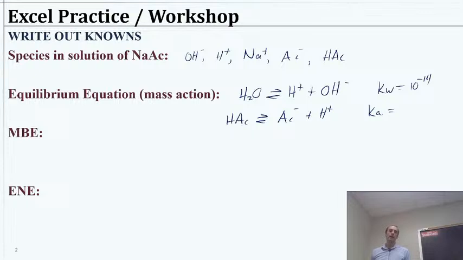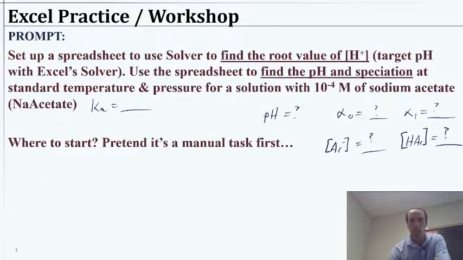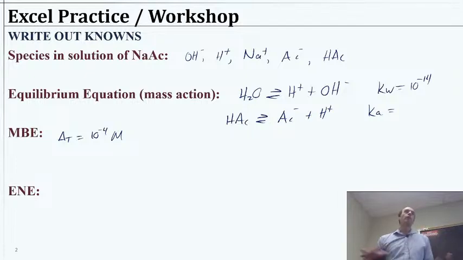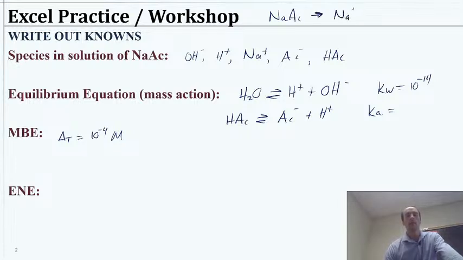All right, so then the mass balance equations we'll need for this as well. We were given that the total acid concentration, I think, was 10 to the minus 4 moles per liter. And for every time we add some sodium acetate, this is going to enter the water as sodium ions and acetate ions.